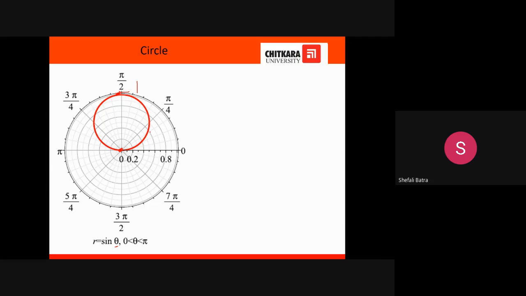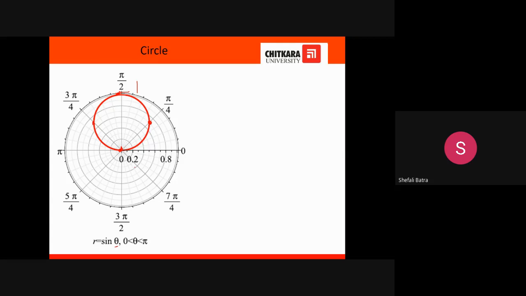At pi by 4, whatever value of sine pi by 4 you get, you display here. Similarly at 3 pi by 4, and then sine pi is 0. So this is your sine circle. The cos circle would be on the x-axis, and the sine circle would be on the y-axis, because sine 90 is 1 and cos 90 is 0.